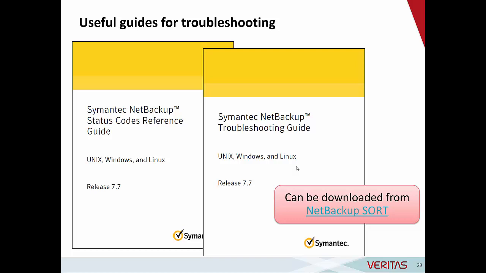The two documents mentioned here, which are particularly relevant to our conversations about troubleshooting, are the NetBackup Troubleshooting Guide, which contains detailed information about the troubleshooting process and other reference information that's useful when troubleshooting NetBackup, and the status code reference guide, which is literally just a list of exit codes in NetBackup and exactly what they mean and some suggested workarounds. In older versions of NetBackup, the status codes used to be listed in the troubleshooting guide.